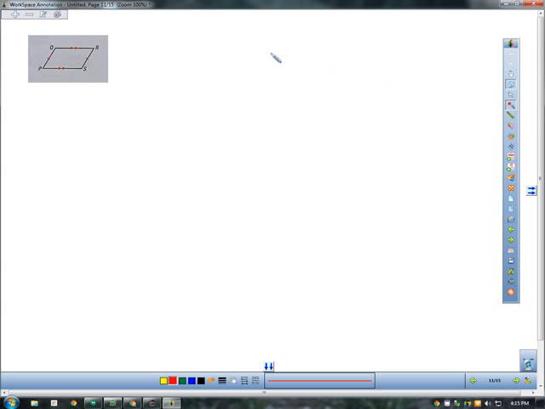So far we have polygons, and then if we get more specific, we're talking about quadrilaterals. And then if we get more specific today, we're going to talk about a parallelogram.